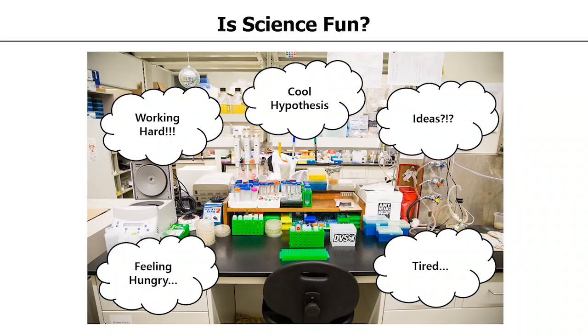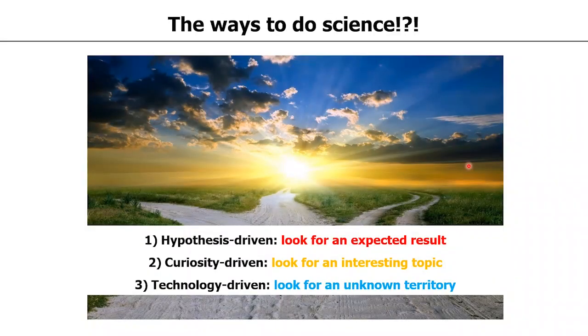And I think it is actually coming from the way we do science. If you think about the way to do science, I think there are three different ways. The first one is hypothesis-driven research, and I think this is the most popular way to do research.